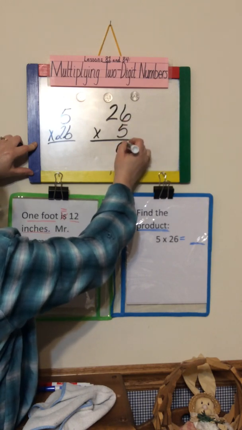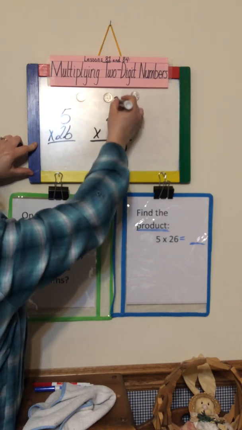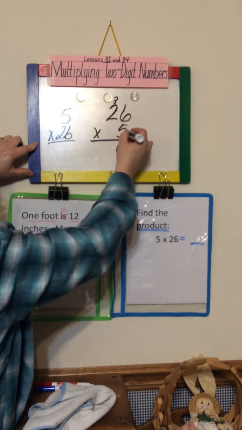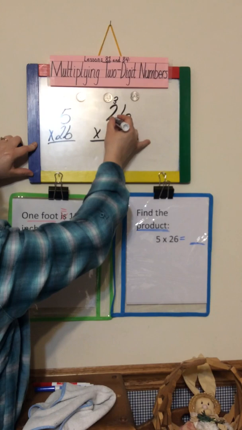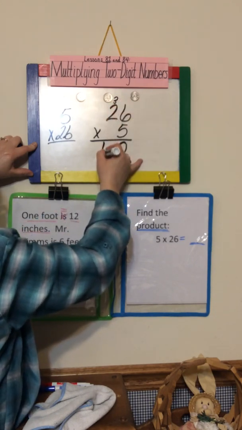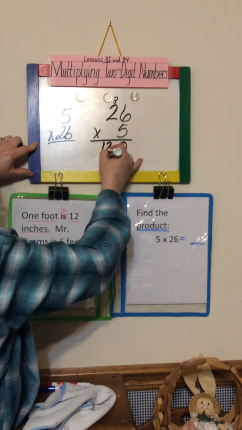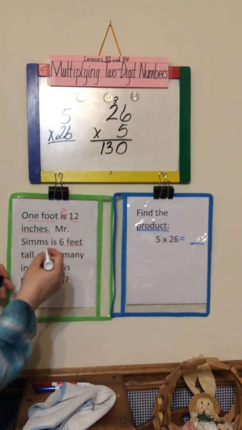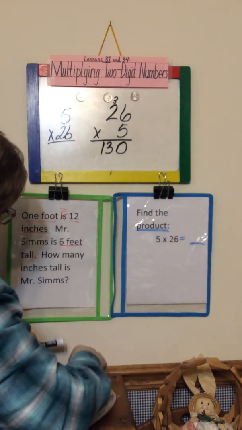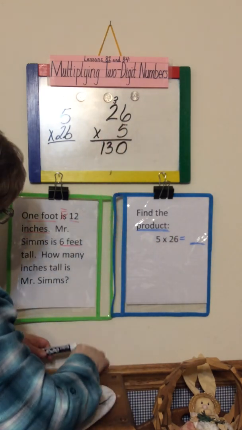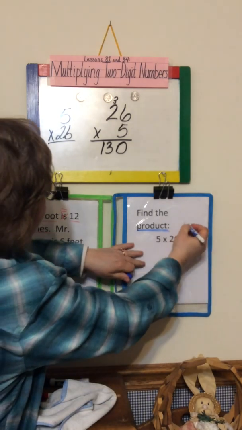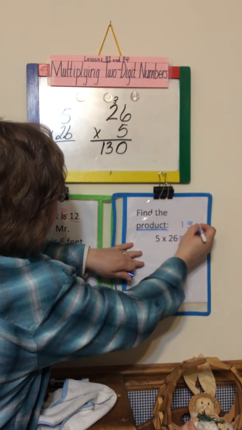So we put the 0 here, and the 3 above the 2, or in the tens column. And then 5 times the tens, or 5 times 2 is 10, plus 3 is 13. So the product of 5 times 26, or 26 times 5, is 130.